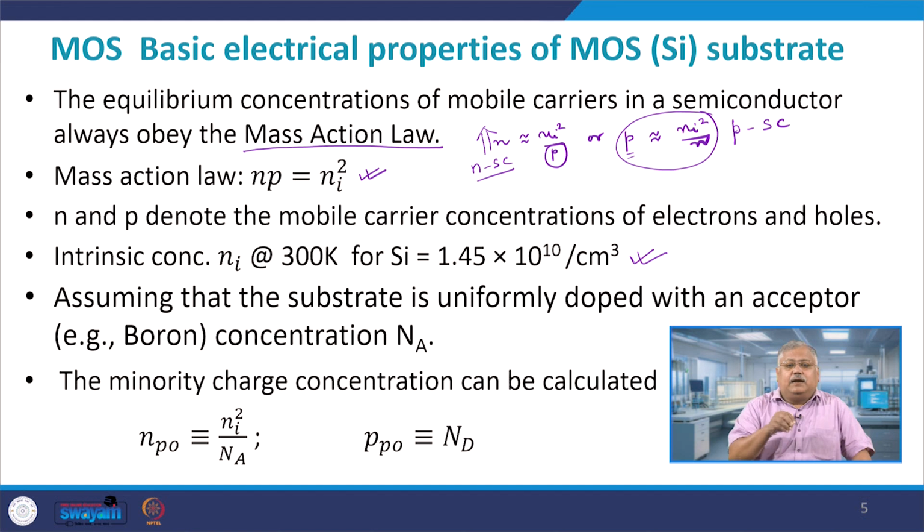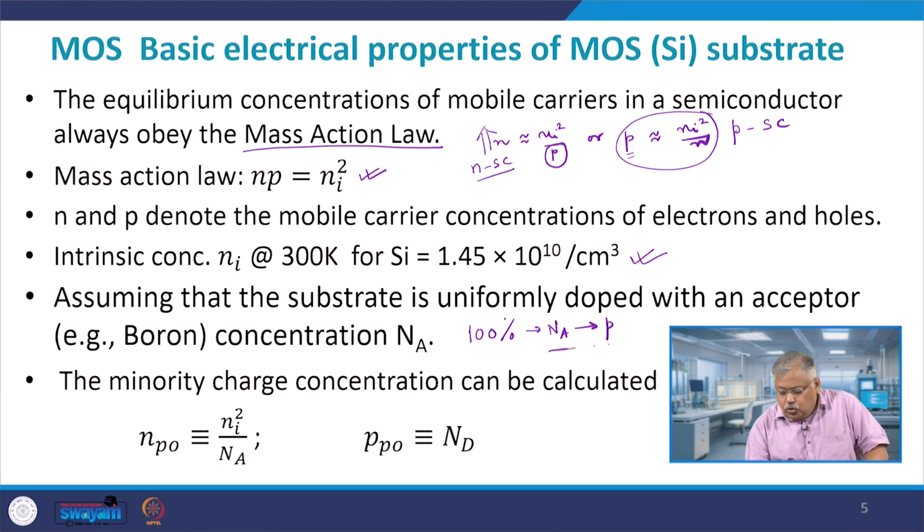We define that to be 100% ionization. Let me explain once again. 100% ionization primarily means that each Na will contribute one hole to the system. So, if you have inserted 100 boron atoms per centimeter cube, then you will get 100 holes per centimeter cube in that domain.